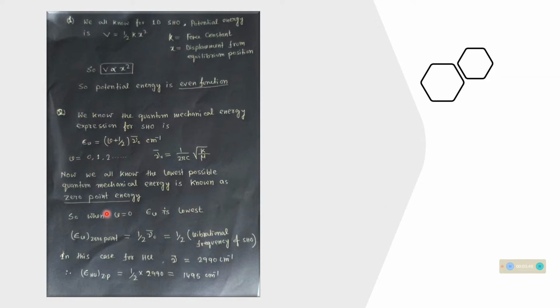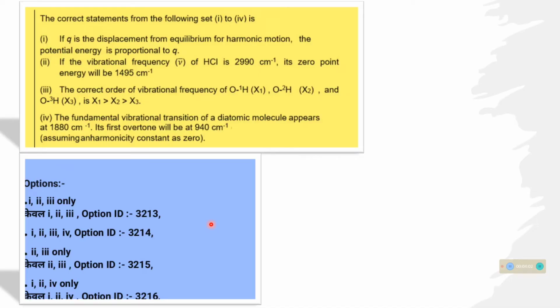So if we put v equal to 0, then epsilon v becomes half of nu naught bar, that means half of the vibrational frequency of the simple harmonic oscillator. In the given question, the vibrational frequency was given as 2990 and the zero point energy is 1495, that is half of the vibrational frequency.